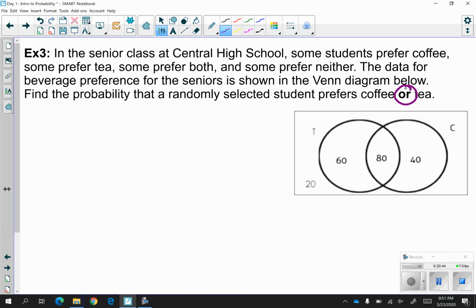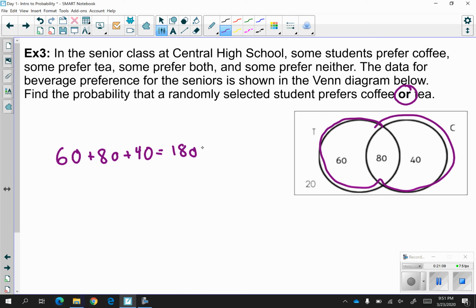Remember, OR probability is everywhere in the circle. So everywhere in the circle would be 60 plus 80 plus 40. And that's going to give you a total of 180 for coffee or tea.